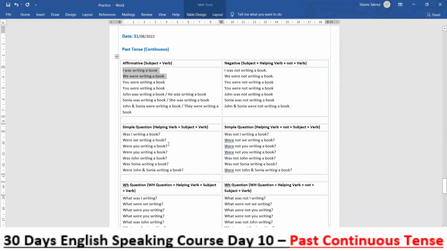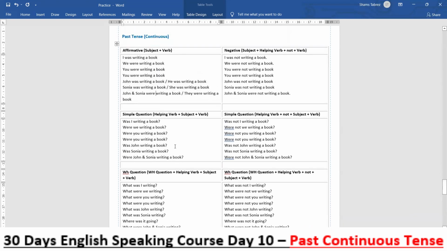It should not be in other tense. So when I ask you, were you writing a book? Then you should reply, if it is affirmative, yes, I was writing a book. If it is negative, no, I was not writing a book. Right? If the question is in past continuous, the answer should also be in past continuous. You cannot use other tenses. Okay.